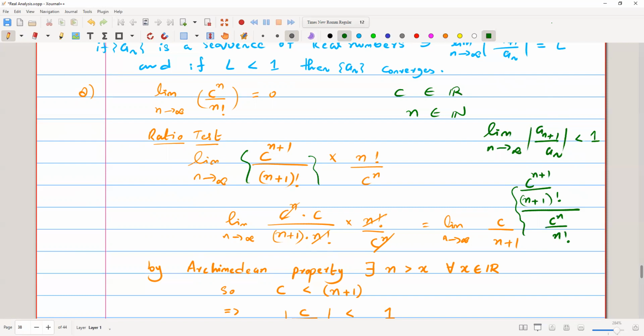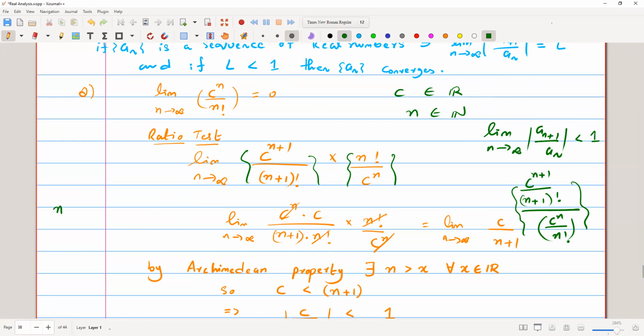Now I can manipulate this by taking the reciprocal, so it will be c to the power n plus 1 over n plus 1 factorial times n factorial over c to the power n.